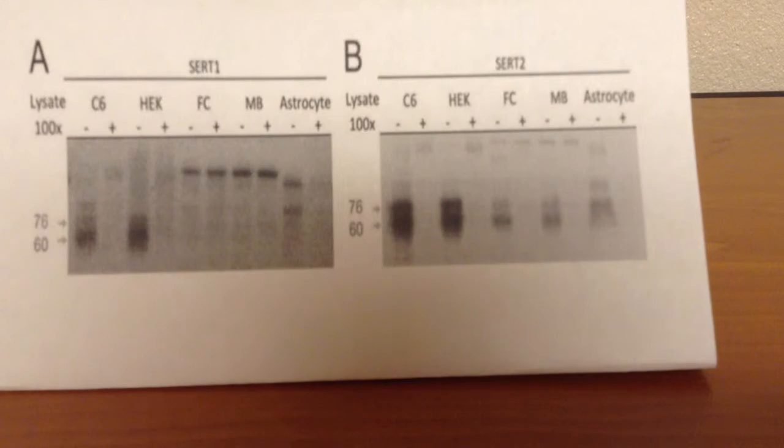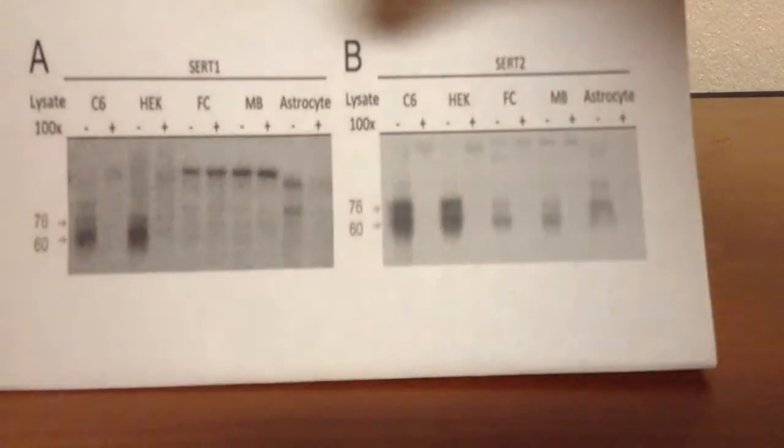Negative is reaction with labeled probe, while positive is 100-fold excess with unlabeled probe. The result shows that with SERT1 only C6 and HAC show consistent results, while SERT2 is visible in all the cell types. Then the result is basically that the same protein can bind to the distal SERT in different cell types.